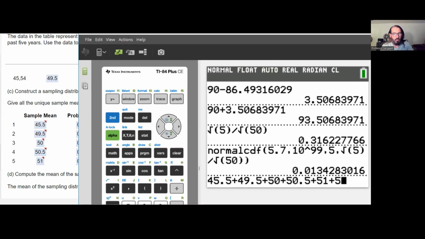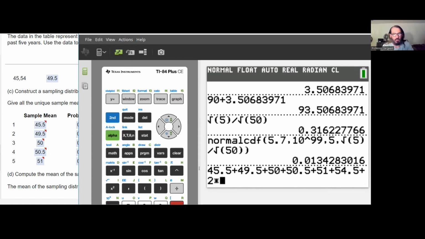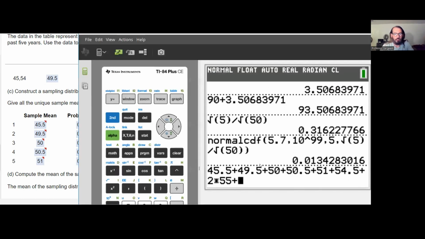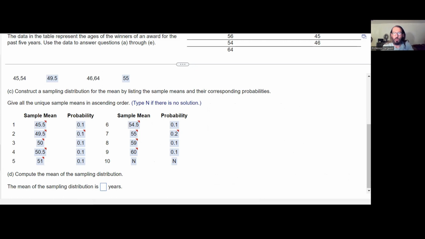And then I'm going to put twice the 55. I can either add 2 copies or just do that multiplication. And then 59 was 0.1. And 60 was 0.1.